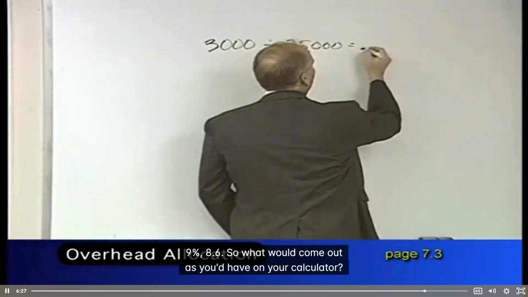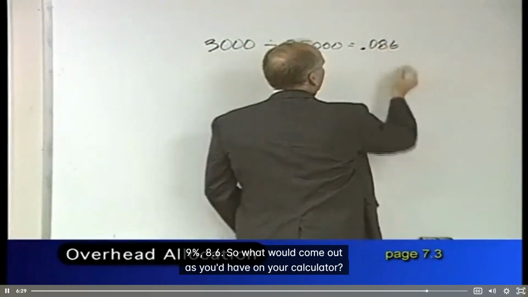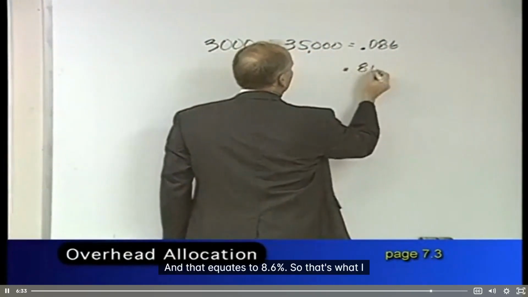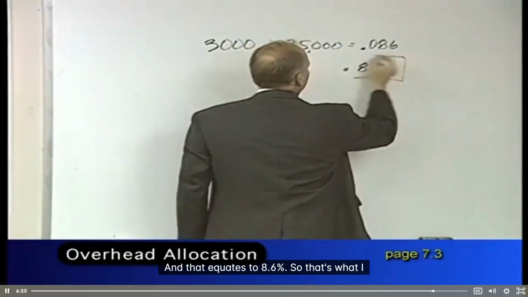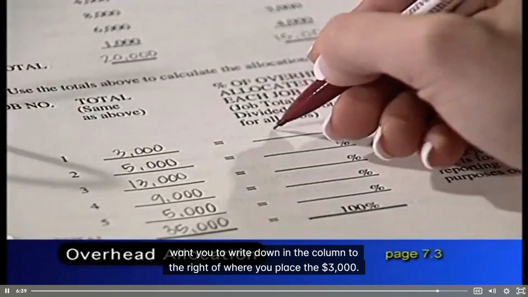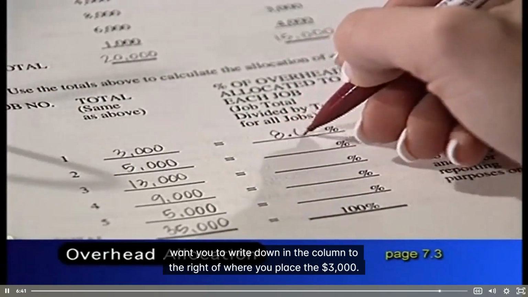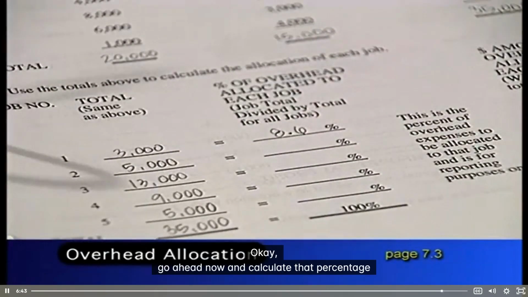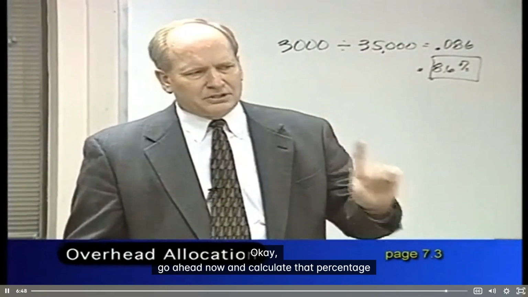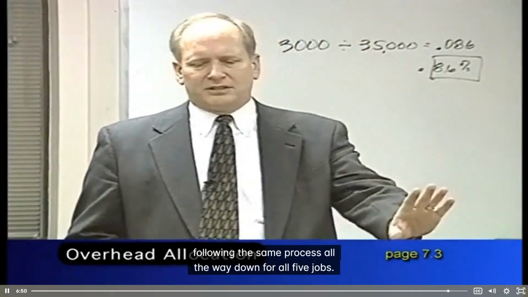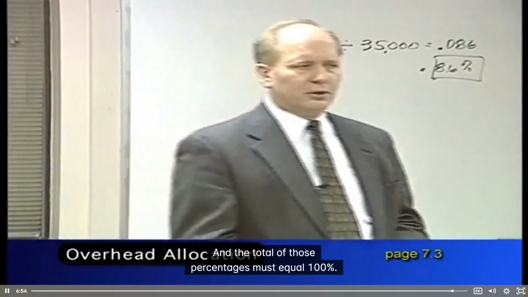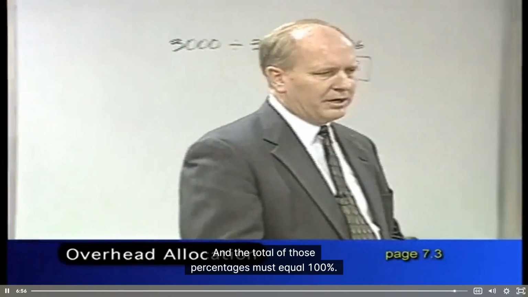So what would come out is you'd have on your calculator 0.086, and that equates to 8.6%. That's what I want you to write down in the column to the right of where you place the $3,000. Okay, go ahead now and calculate that percentage following the same process all the way down for all 5 jobs, and the total of those percentages must equal 100%.